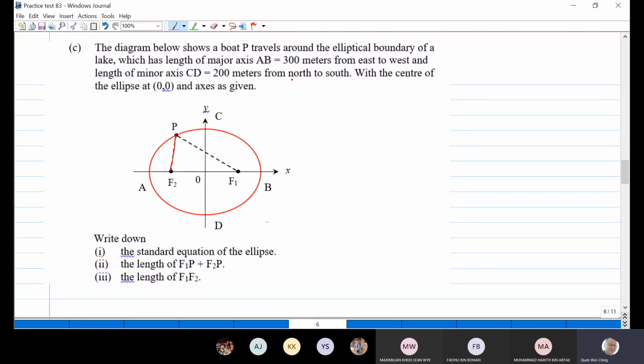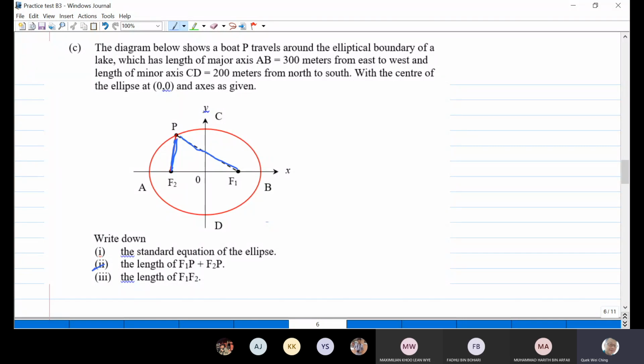What is the length of this one? I use a different color for F1P and F2P. Added together, what is this?